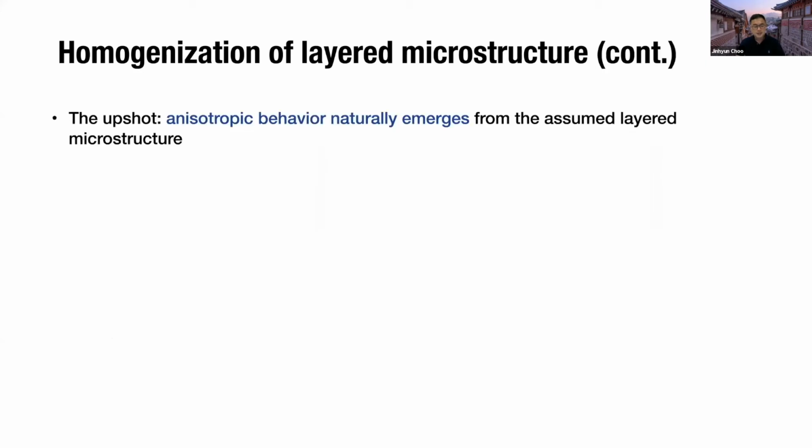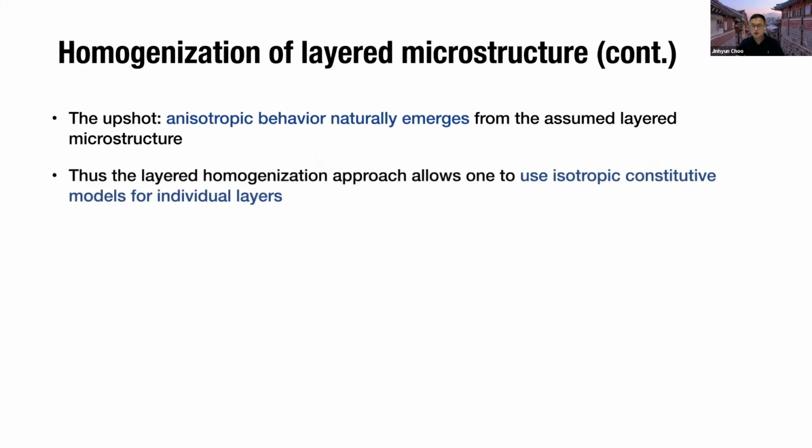The upshot of this approach is that anisotropic behavior naturally emerges from the assumed layered microstructure. So this allows us to use isotropic constitutive models from linear elasticity to many conventional plasticity models for individual layers.